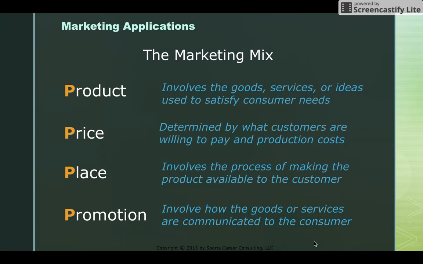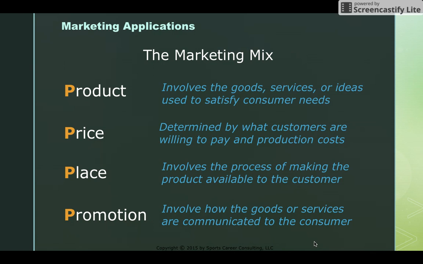The last P is promotion. And this basically involves how the goods or services are communicated to the consumer. So how is the information related to your products and services communicated? And what type of promotional methods will be most effective? Promotion is probably the biggest P in terms of what people think of when they think of marketing.